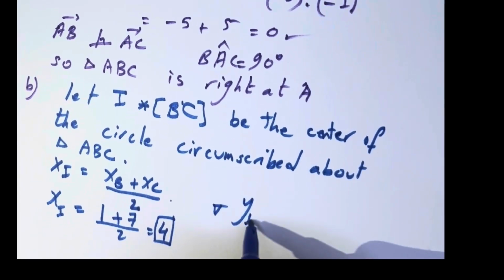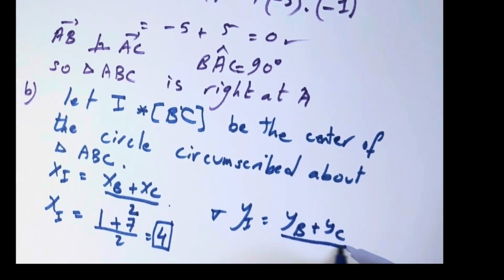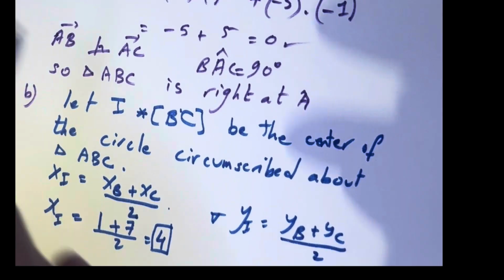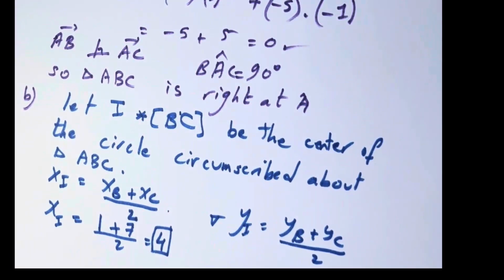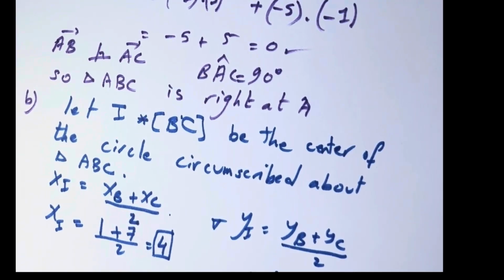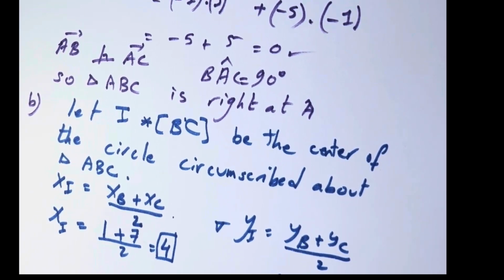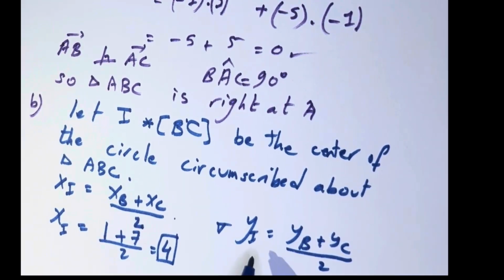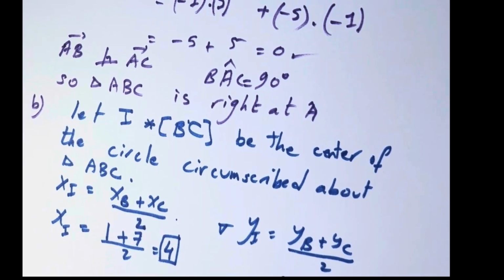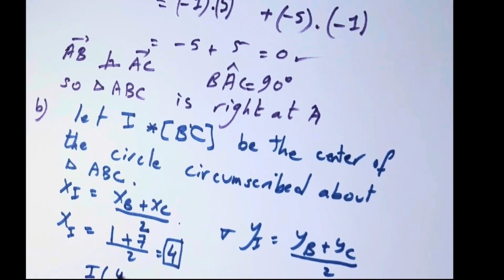The yi is yb plus yc over 2, which by substitution, yb is minus 2, yc is 2, it will give 0. If you remember, as I showed you in the graph, I is on the x-axis, so it is okay to have yi as 0, so I is (4, 0).